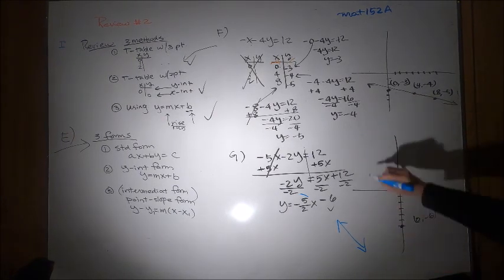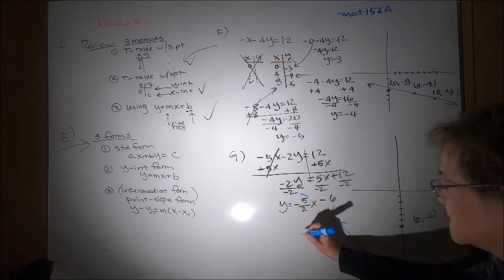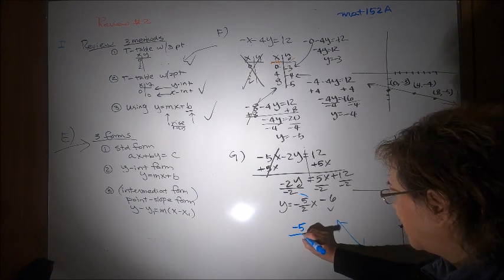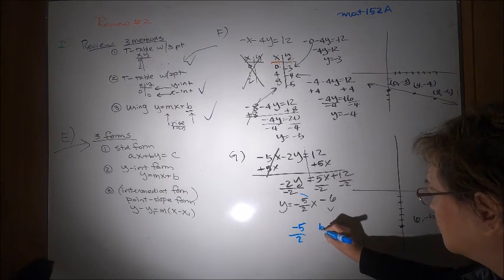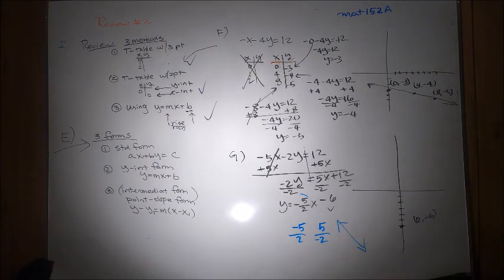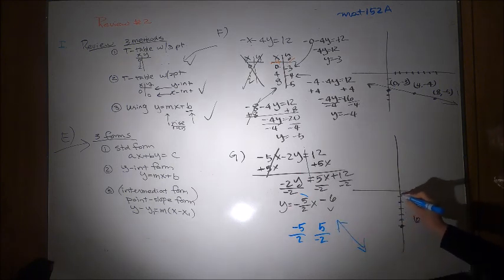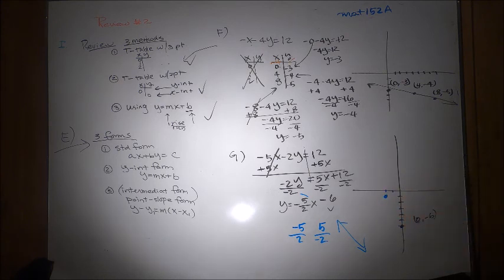So instead we go down 5 and right 2, or we can go up and go to the left, right? You go down and go to the right, or you go up and go to the left. Well, if we go up, that would be what? 1, 2, 3, 4, 5. Go to the left 2. That would be this point, right?